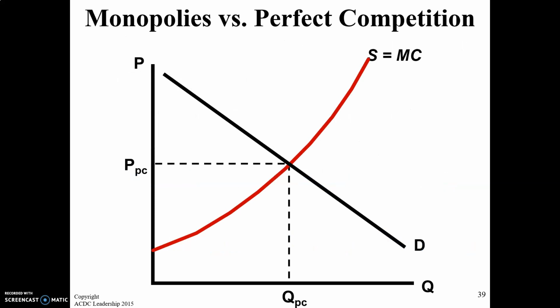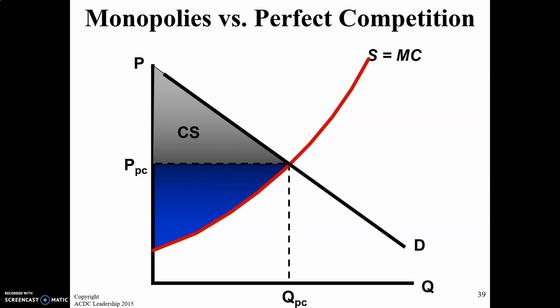So anyway, if we look at monopolies versus perfect competition, right? We all remember that this is our consumer surplus. We all remember that this is our producer surplus, and that because equilibrium has set the price and quantity in this particular graph, consumer and producer surplus is being maximized.